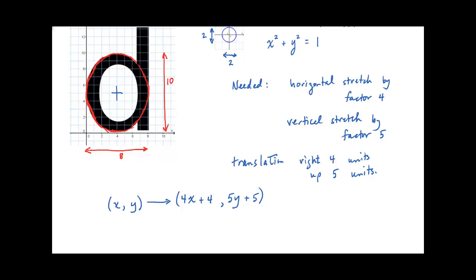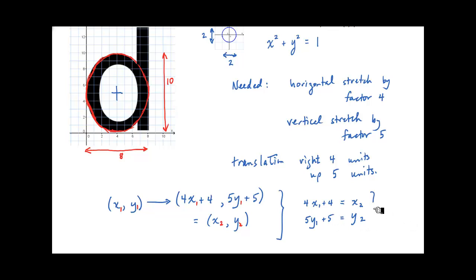What we will need to do is put subscripts on these variables, and then we'll say that that resulting point is going to be renamed as x2, y2. And when we look at that translation rule, that tells us that 4x1 plus 4 is the same as x2, and it tells us that 5y1 plus 5 is equal to y2.